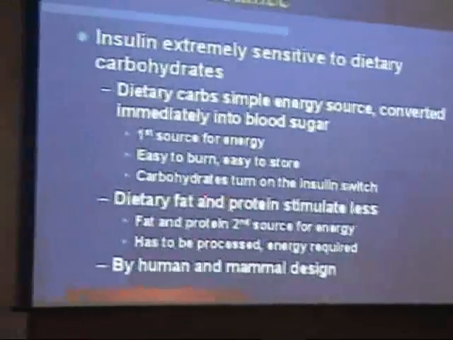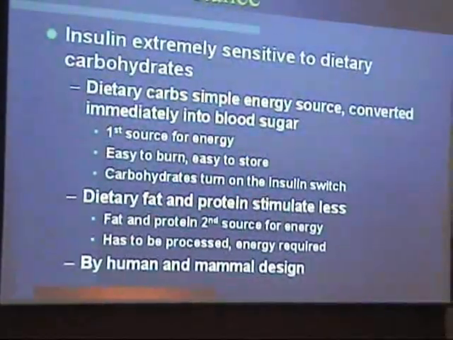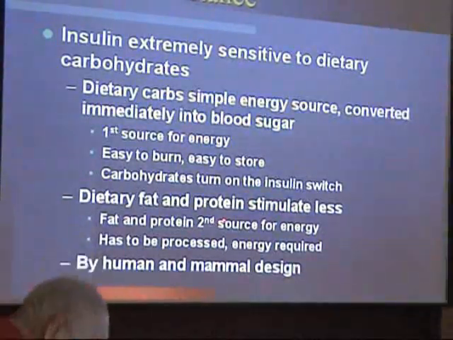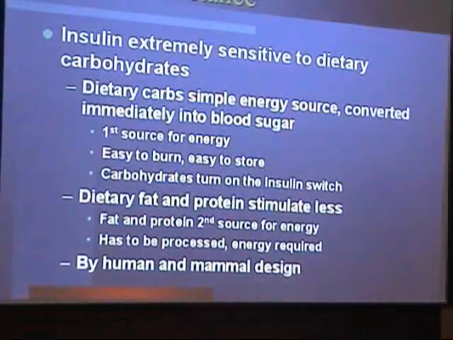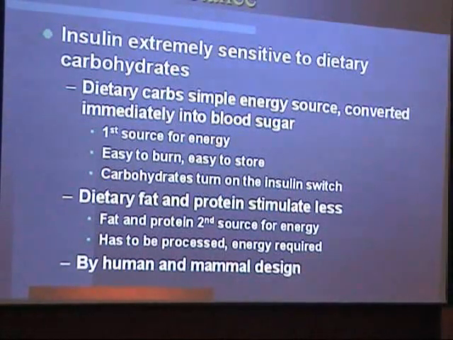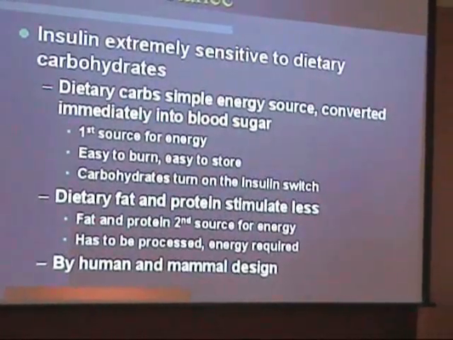Now, fat and protein don't affect insulin nearly as much as carbohydrate, and so we consider them a second source of energy. They have to be processed to get the energy out of the macronutrient that we consume. And this is the way it works by human design.